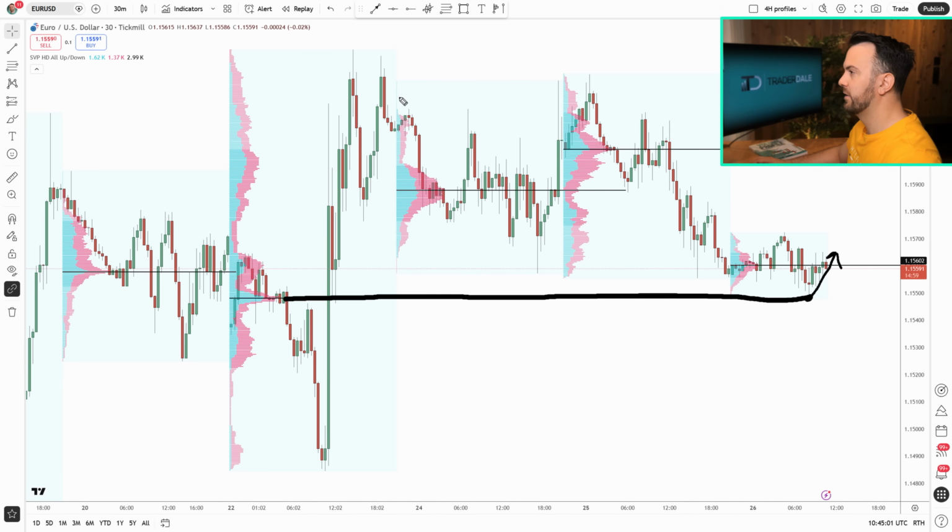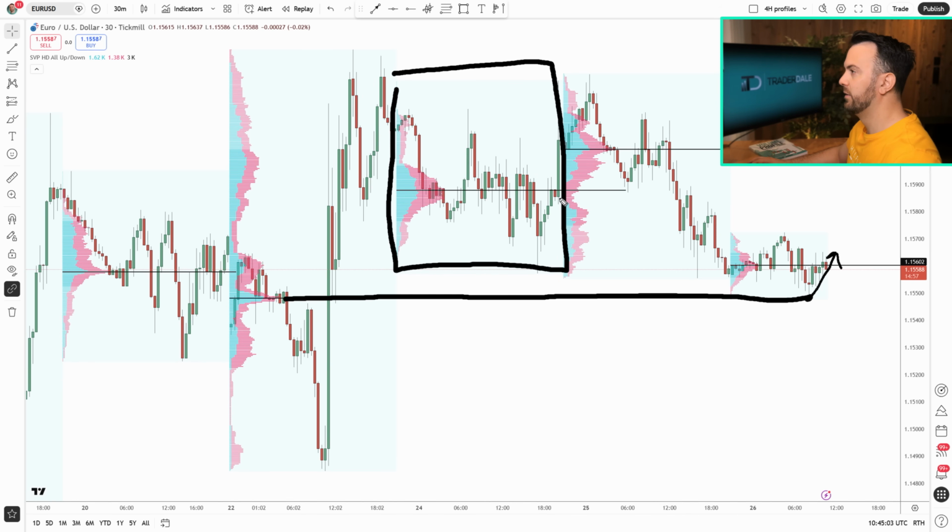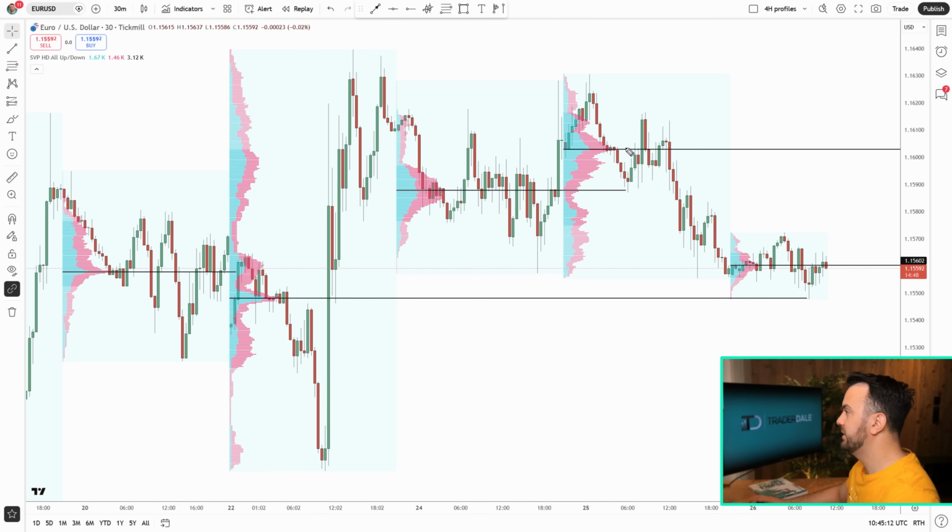Then there was this daily volume profile, and yesterday there was a reaction to that point of control in here. And what we also have here is this point of control. It still hasn't been tested, so when the price reaches this level, which is at, let me tell you, 1.1603, then there should be a reaction from there as well.